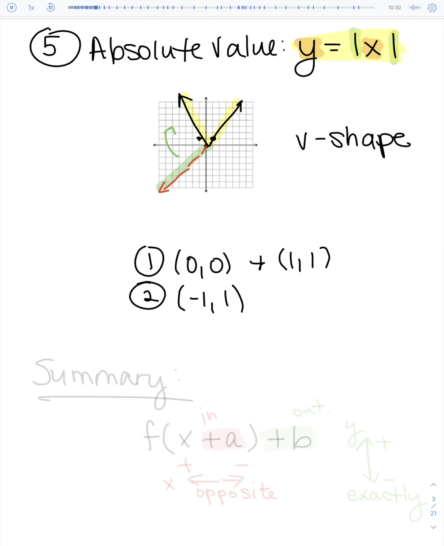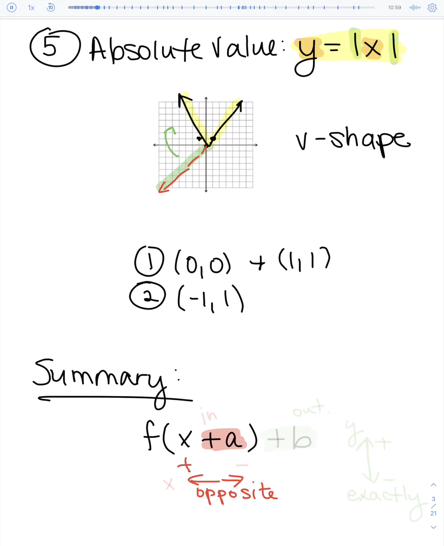So before we get started, a quick summary again: if something is on the inside of our function, it's going to move us either left or right. But it's going to be the opposite of what you would think. If you have a positive number, you're going to move left. If you have a negative number, you're actually going to move right.